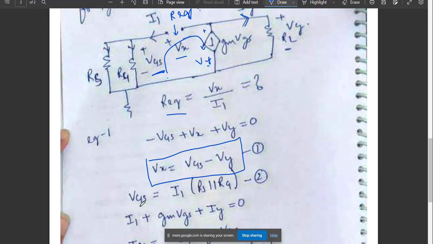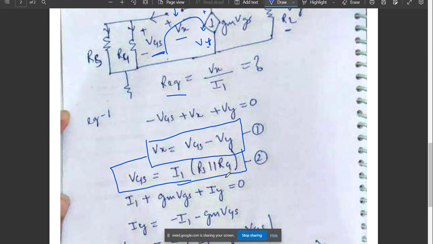So voltage VGS will be I1 into RS parallel to RG, not RS plus RG. Since voltage will be same for the parallel branches, and for the equivalent resistor also, voltage drop will be same. So VGS is equals to I1 RS parallel to RG. Any doubt?